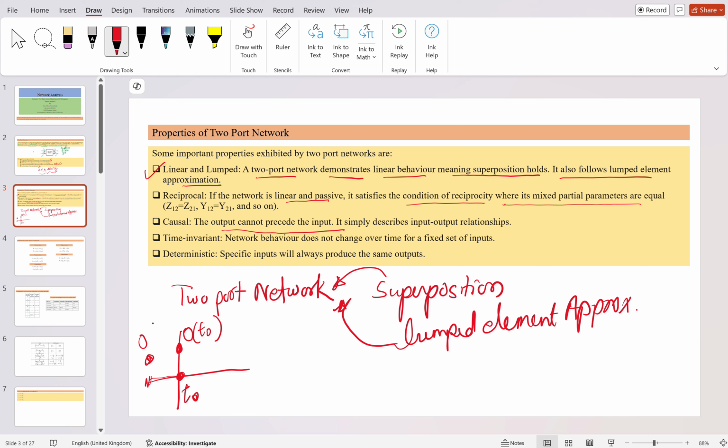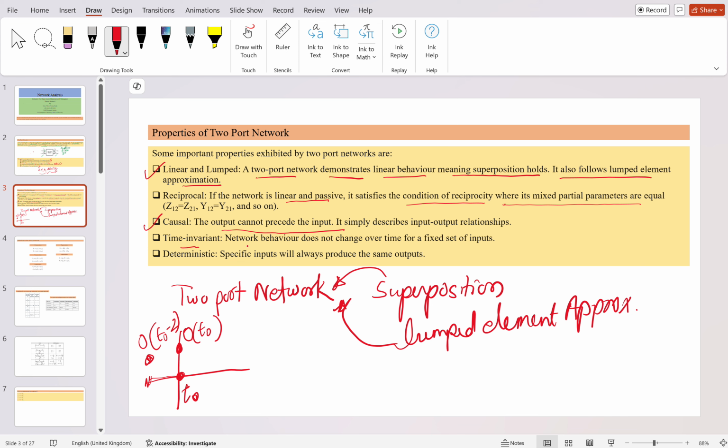You will not get the output at t0 minus 2 seconds. It means that after the input starts, or at that time only, the output response will change. It will not start prior to that. This is the concept of causality.